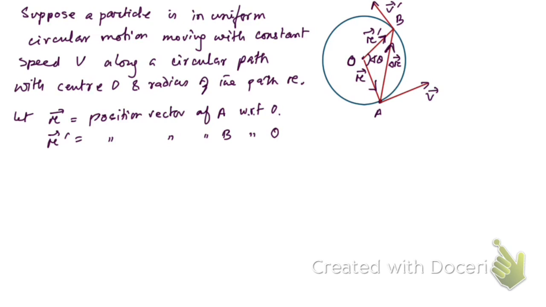Instead of that, write in full form with respect to. Okay, so R dash be the position vector of the point B.